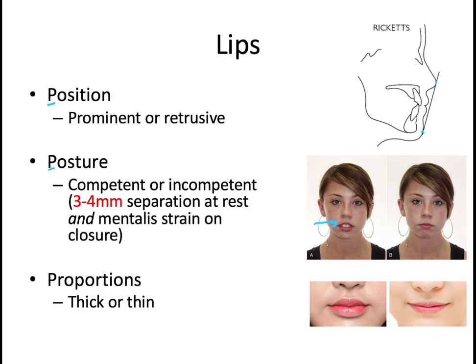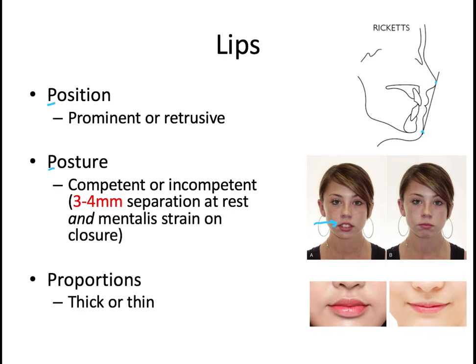So we can see, I'll erase the drawing, so you can appreciate that amount of muscle strain of the mentalis. So the muscles have to tighten up to get the lips to seal over the teeth. So a combination of separation at rest and having to strain that mentalis to get the lips to close is lip incompetence. Lip competence means that the lips can form a seal over the teeth at rest without any amount of strain.